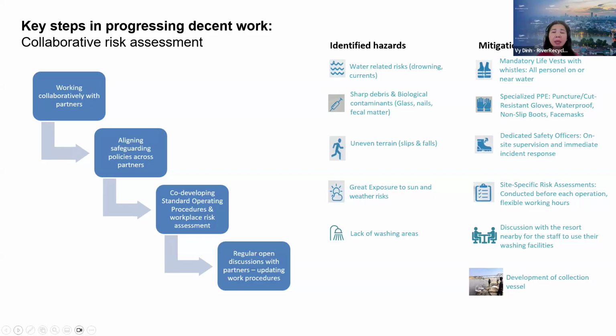So that was resolved and added into our documents for our staff to be able to wash themselves before going home. That being said, we consider standard operating procedures a living document, and it gets updated continuously with our staff together. So next slide, please.